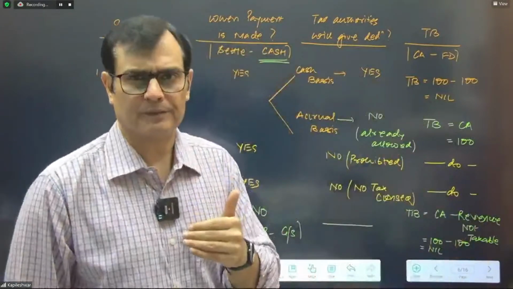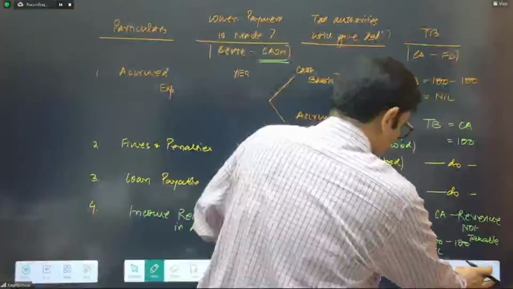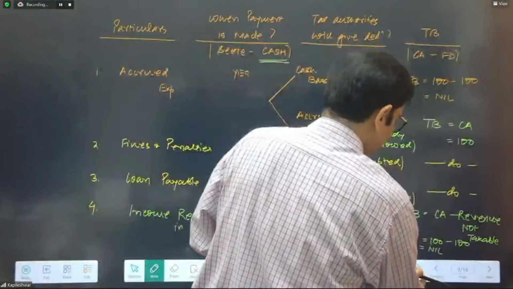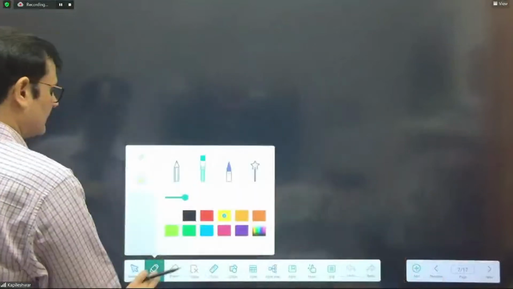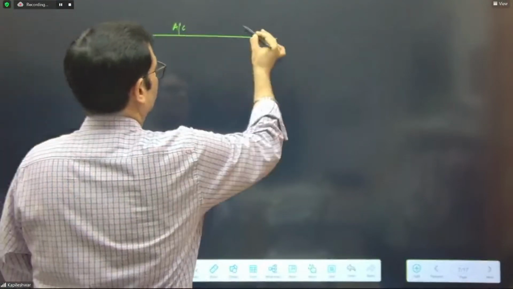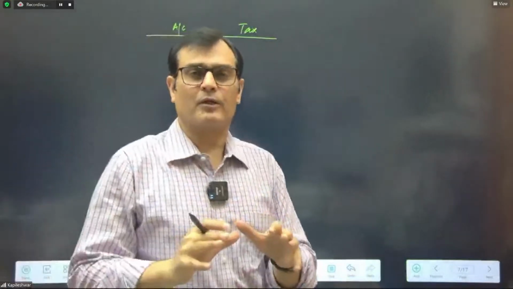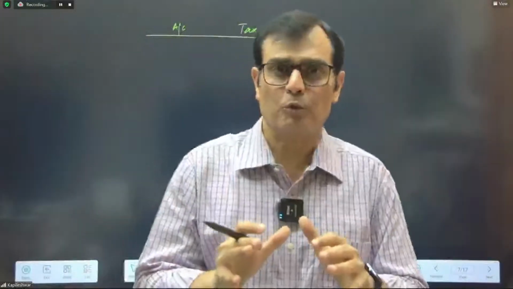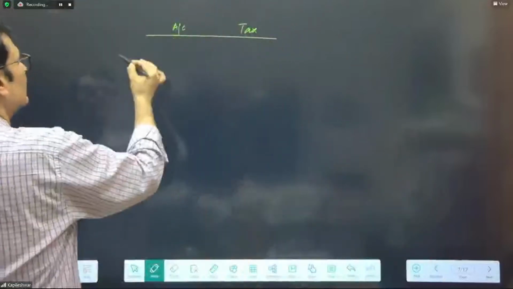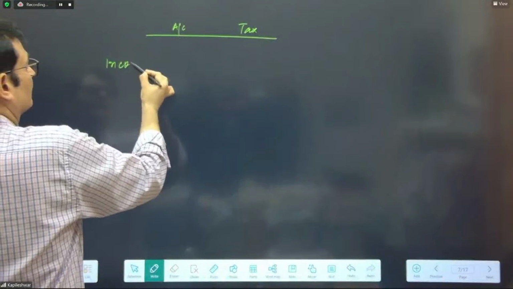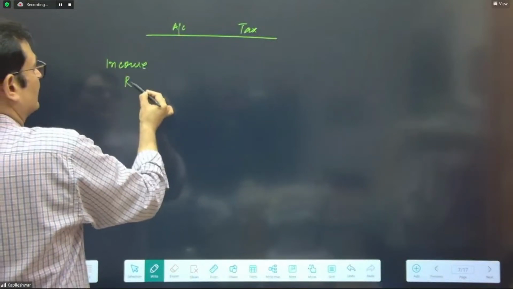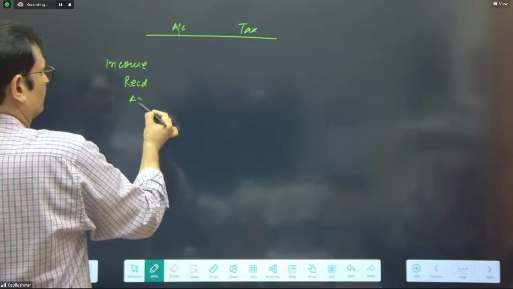Let me elaborate this further and give you some more inputs. This is accounts and this is tax. Let's understand the logic with an income statement approach, and then we can look at the balance sheet approach also. There is an income which is received in advance.